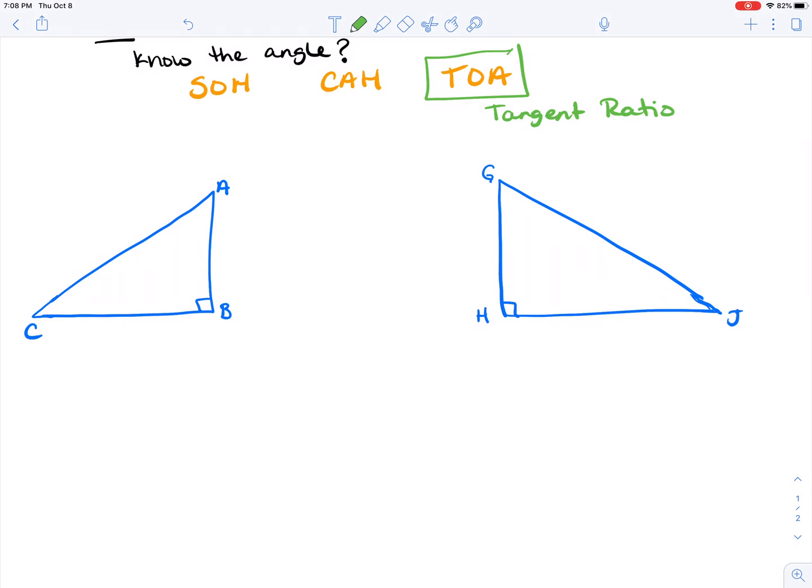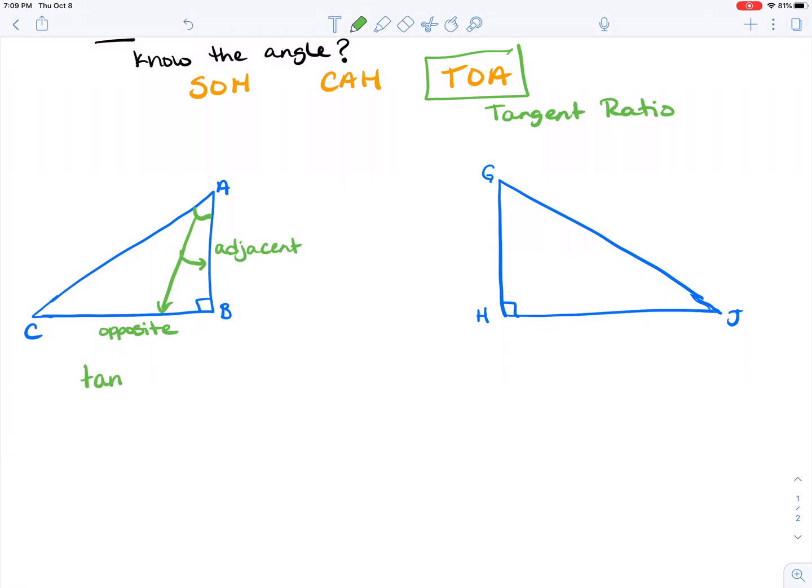Now, if I'm given triangle ABC, as you see here on the left, and I want to find out what angle A is, how do I do that using the tangent ratio? The tangent ratio states that my opposite length and my adjacent length are going to be used to find the tangent ratio.